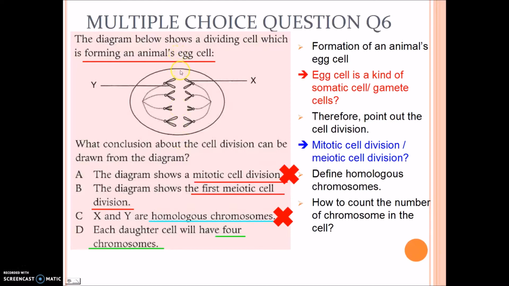So the point is that for each daughter cell, let's count 1 chromosome, 2 chromosomes, 3 chromosomes, and 4 chromosomes. So how can we count the number of chromosomes in the cell? Now you will have the answer, maybe B or D. So tell me your answer in question 6.